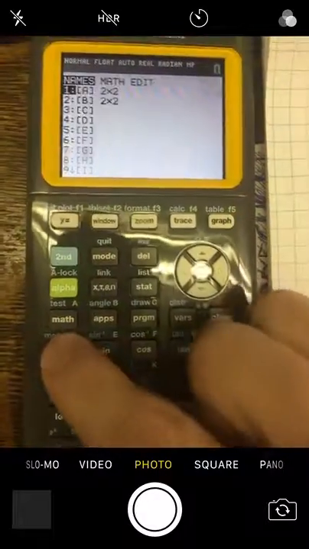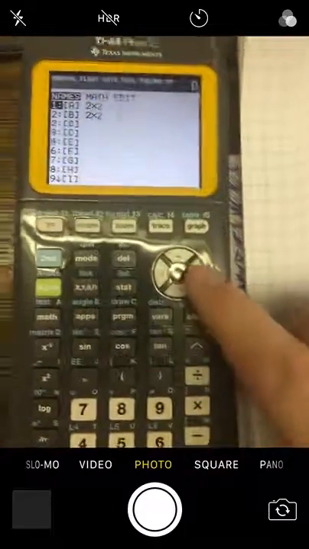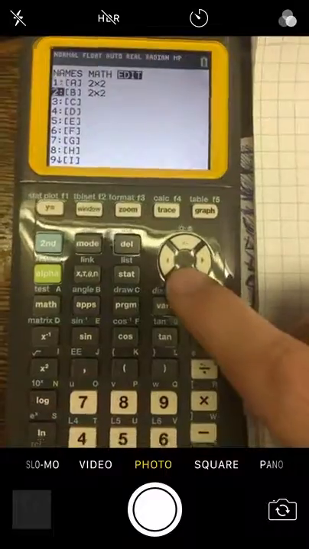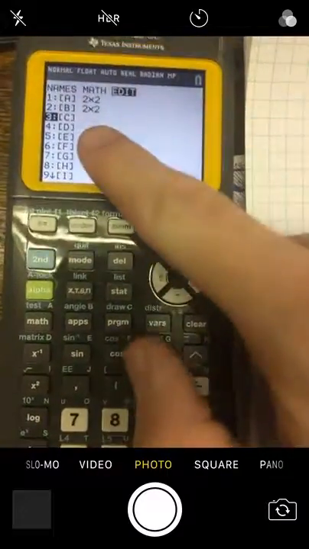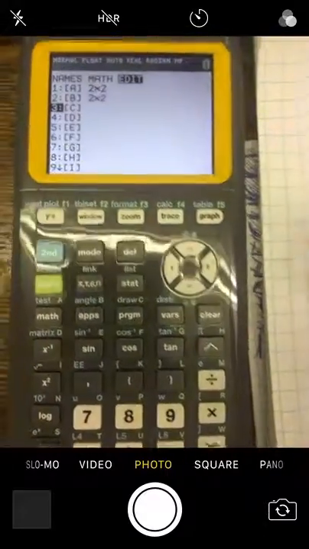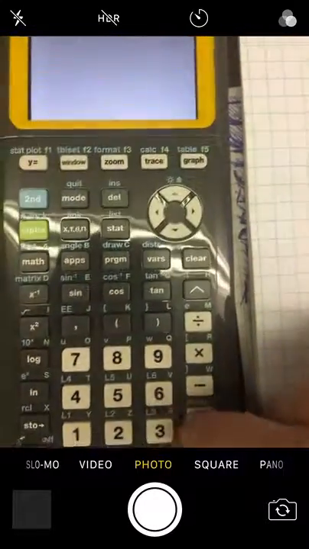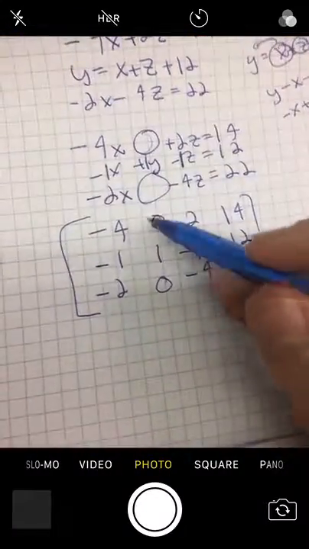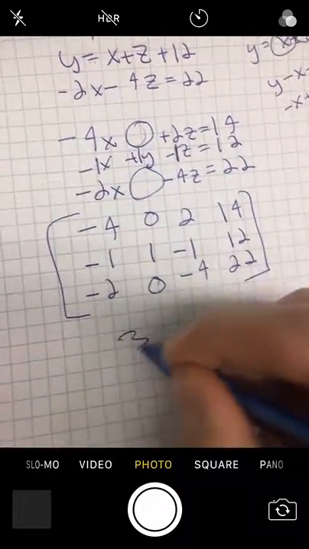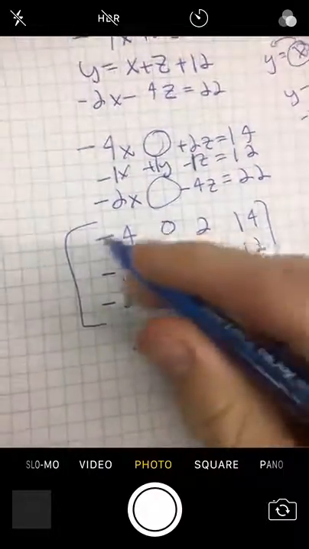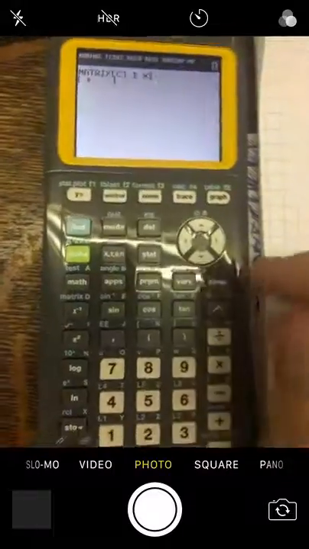So I come over here, second matrix. Now I'm not going to use one of those. I'm going to make a new one. Go over to edit, and I'm just going to use a blank one, although it doesn't matter, you could just write over a matrix that's already in your calculator. Enter. Careful. It's not a 3 by 3, this is a 3 by 4. 3 rows, 4 columns.